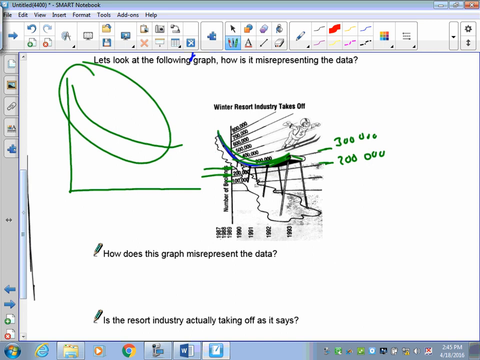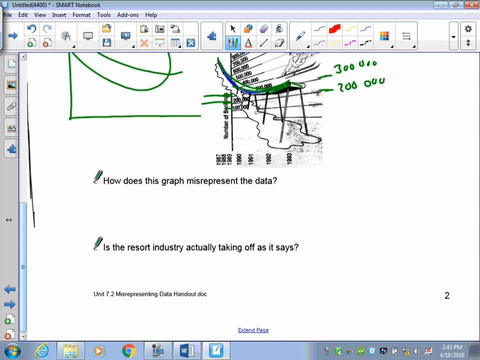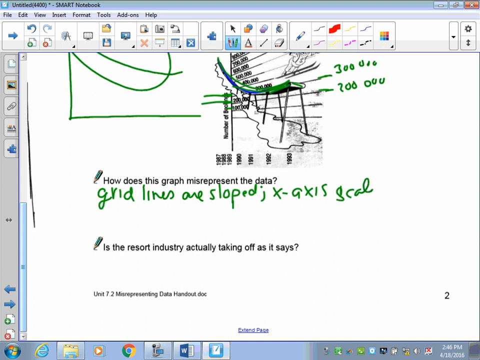So, how does the graph misrepresent the data? Well, where do we begin? Okay. How about the grid lines are sloped? Okay, so that's the first thing that's wrong with it. The x-axis scale is really messed up. Spreads out.